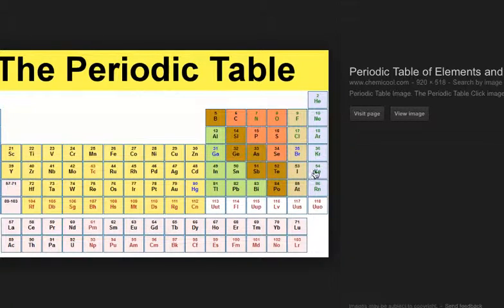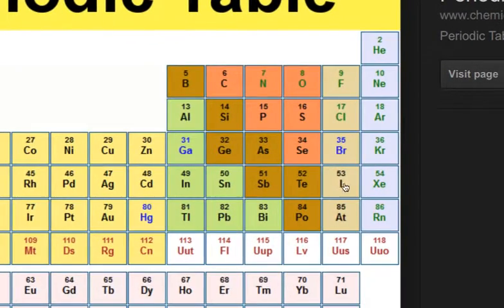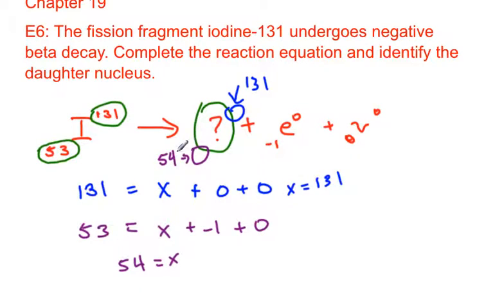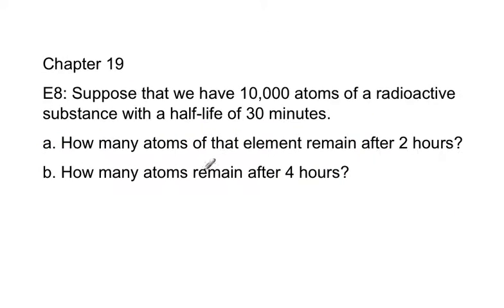Iodine, 53, so we're at xenon. These are atomic numbers up top here. I don't know how well you can see that, I'll zoom in. So iodine's at 53, that is its atomic number. Add one more proton, because that's what we wanted to do, right? We have 54 protons now. So we're at xenon. So we have xenon, which has 54 protons, and its mass number, its number of protons and neutrons, is 131. And that's your answer.